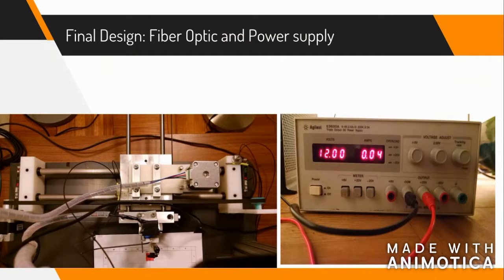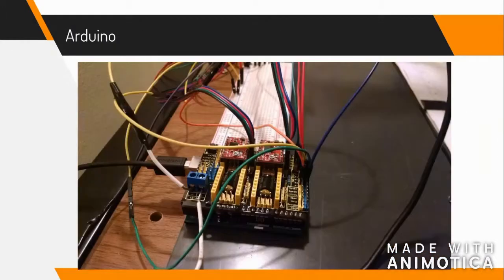As you can see, the left sensor has been calibrated to 50 for the Y and the right to 50 for the X. The right is a picture of our power supply, an Agilent E3638 triple output DC power supply that let us safely and accurately power our motors and sensors. Our CNC is powered by an Arduino Uno stacked with a CNC shield.